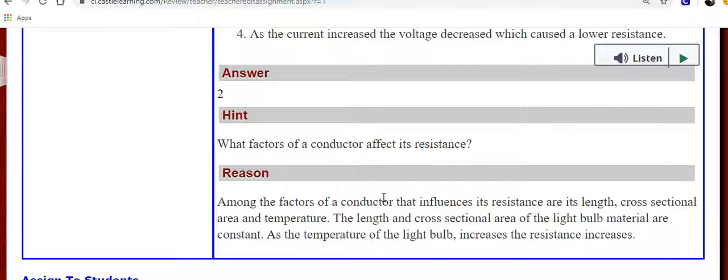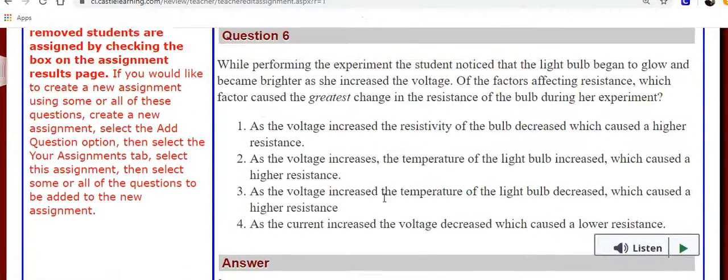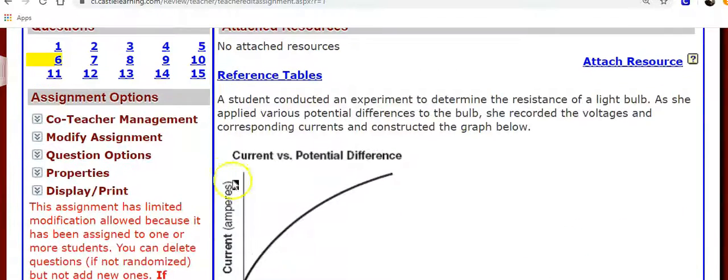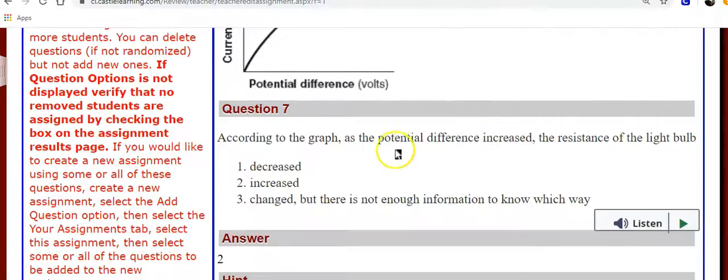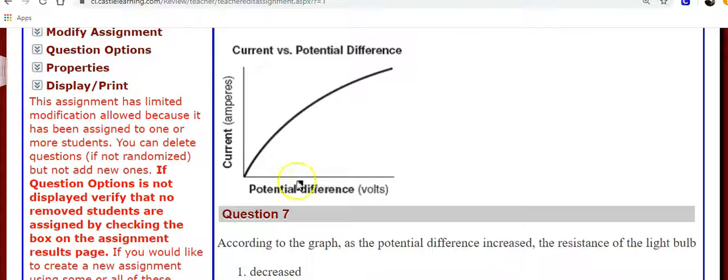Now we talked about resistivity, and we're going to do a lot more of that in the next video. The length and cross-sectional area of the light bulb material are constant. As the temperature of the light bulb increases, the resistance increases as well. This is a fact of non-ohmic materials. Now let's look at question 7. According to the graph, as the potential difference increased, the resistance of the light bulb also increased.